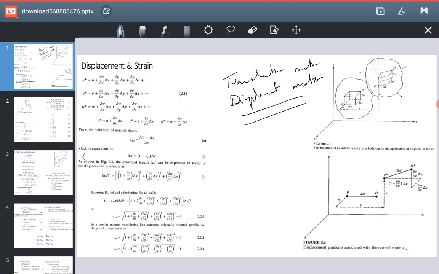Now a body is composed of an infinite number of points, and the coordinate system in which we want our body to behave is also defined by us. So this coordinate system can be of 3 dimensions, or it can be of more than 3 dimensions as well.